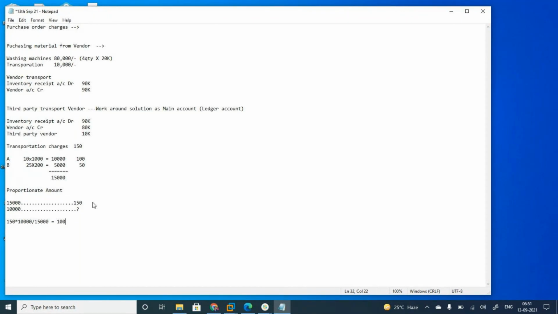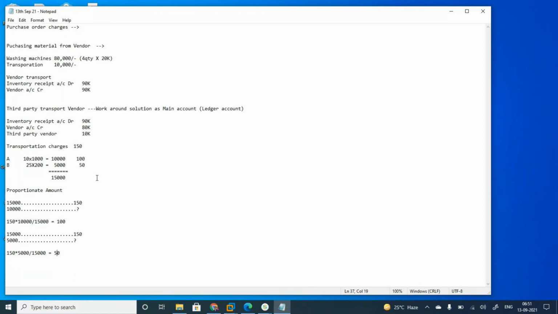The same calculation: if it is 5,000, then it is 50. This is the proportionate amount.